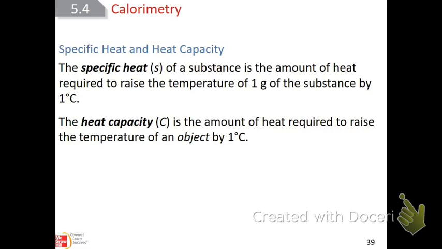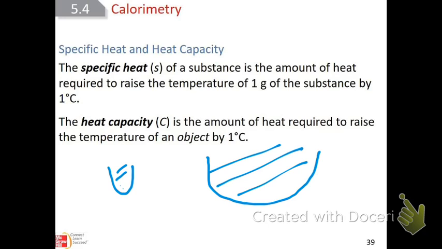I got a little cup of that object, and I got a whole big bowl. How long is it, or how much energy is it going to take me to heat up that little cup versus the whole bowl? How much energy is it going to require to raise the temperature of just a little cup versus the whole bowl? That's the difference between specific heat and heat capacity.